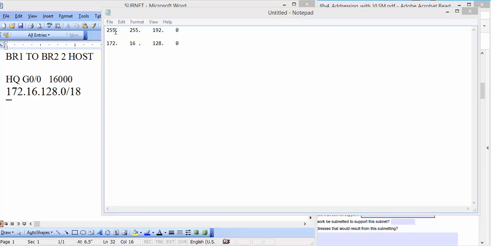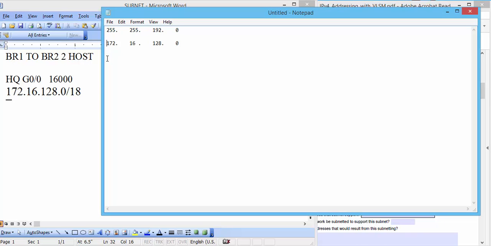Now first we focus on the 255 octets of our subnet mask. Below those is the part of our network address which will not change, so we write these two octets, 172.16, because this is going to remain constant throughout the network scheme.